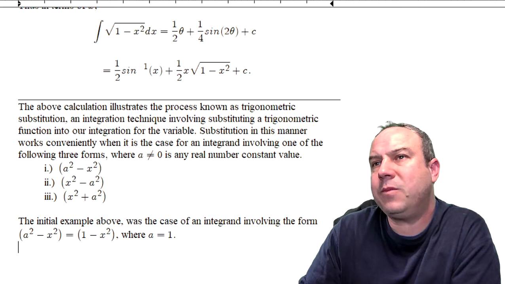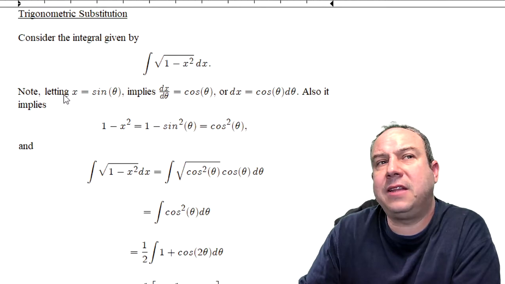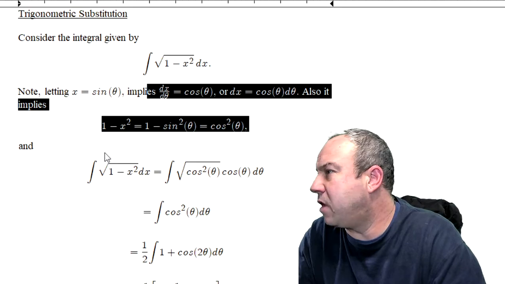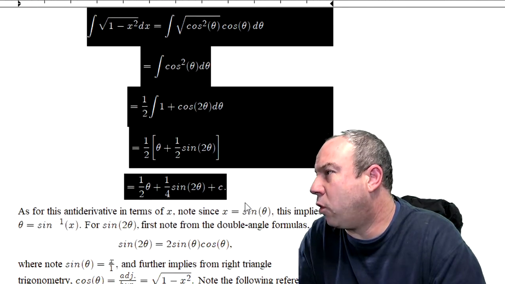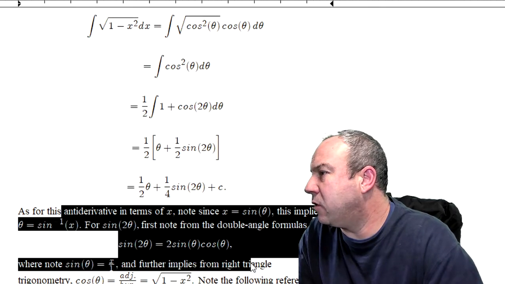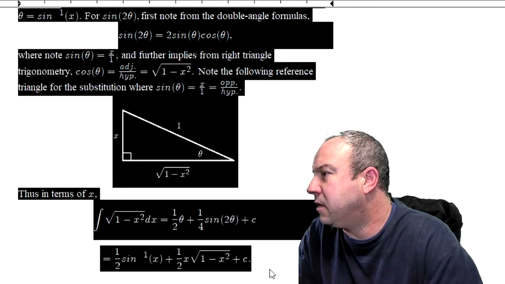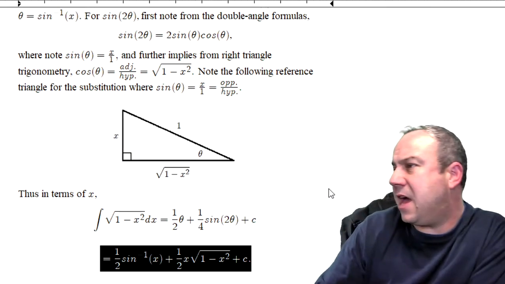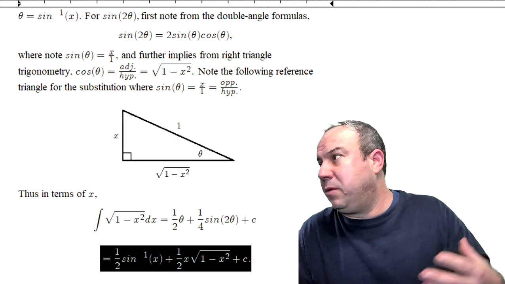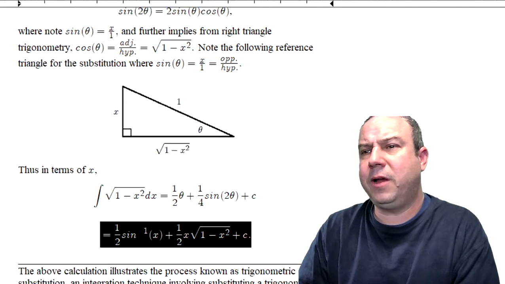What we had done above in our work here, starting at letting x equal the sine of theta in this calculation, substituting in with all of its implications, performing our integral with those implications implied, and then reversing that antiderivative result using some right triangle trigonometry to develop our final result in terms of x, is an example of what we call trigonometric substitution, right?